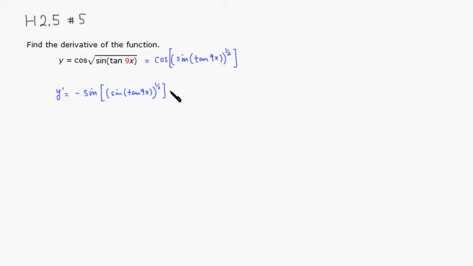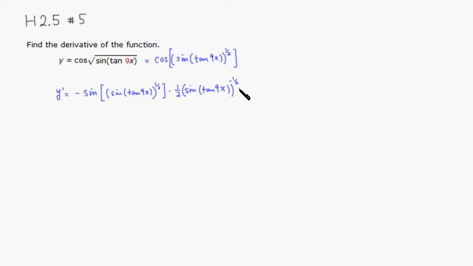Then multiply by the derivative of this. So we put the 1/2 in front and keep everything inside as it is, sine of tangent of 9x. Then we subtract 1 from the power, so it's negative 1/2.